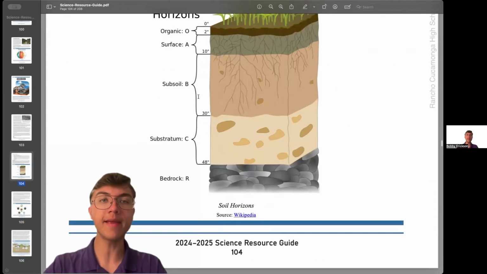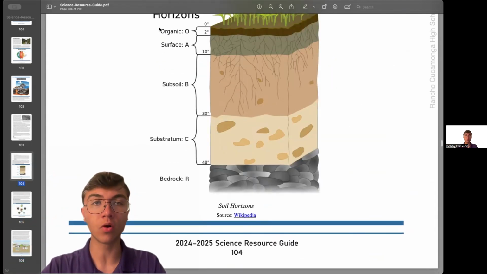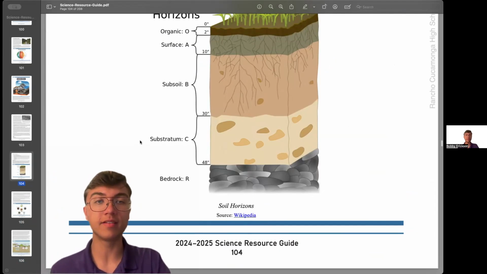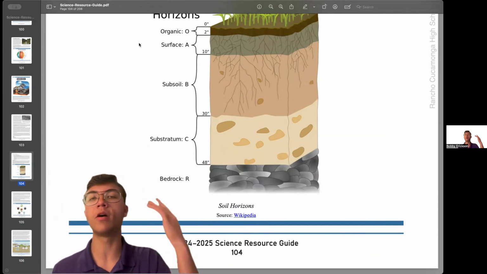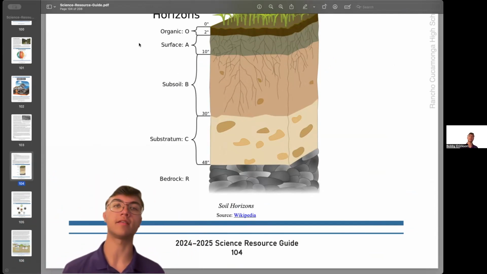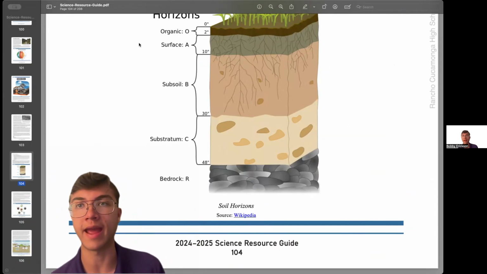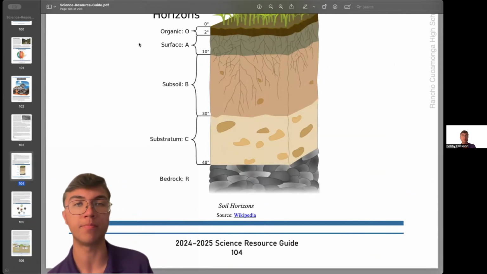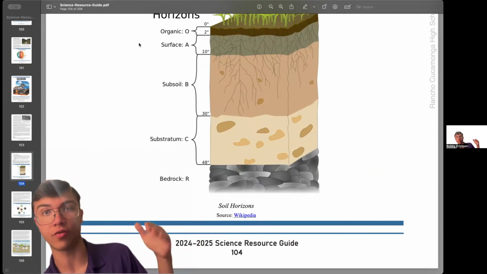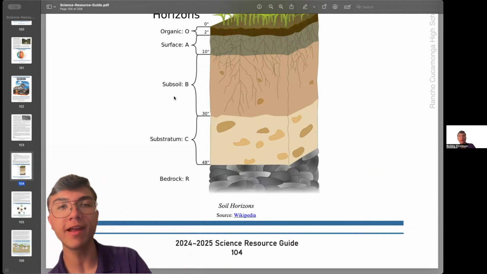And no, they may test us on this. Surface organic is O, that's easy to remember. Surface is A, subsoil is B, substratum is C. So you can probably think about it as like, okay, I know surface is going to be easy because that's the next after organic. Organic is obviously going to be the top, but then we have A as the surface, that's the top. And then we have the subsoil.